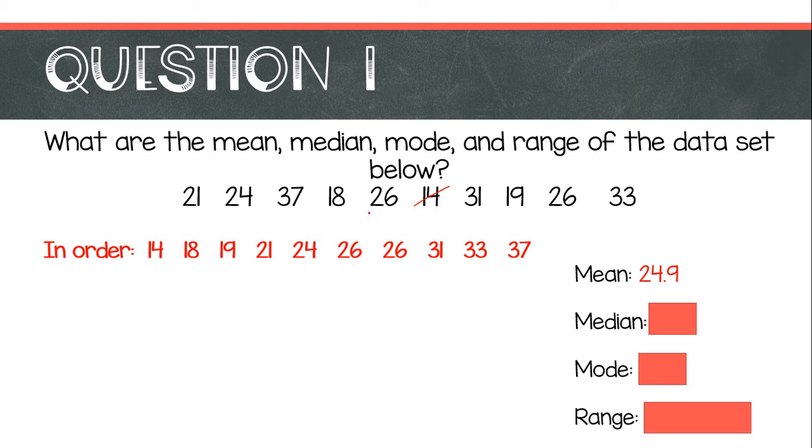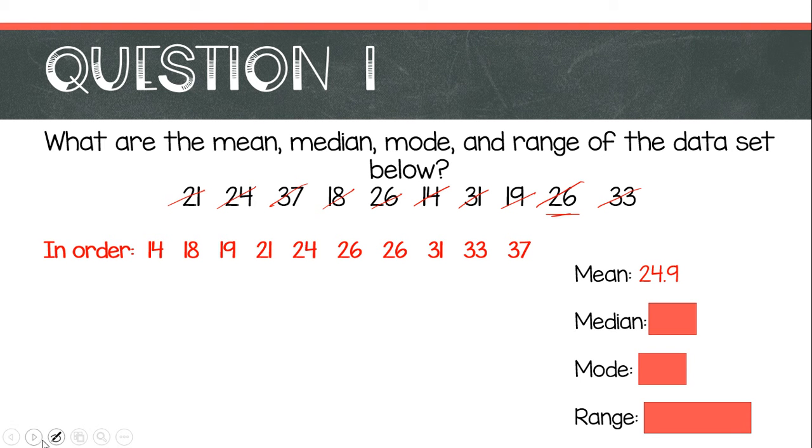So I'm going to cross off the 14 so I know that I don't forget it. And then I find the next lowest, the 18, then 19, and then the 21, the 24. And I do this just so I don't miss something. Because let's say maybe I missed this 26 here, and I kept going. I see the 31, the 33, and the 37. I can go back and fill in the 26 that I missed with where it goes. So that's why I like to cross things off, just so I don't miss anything in the process.